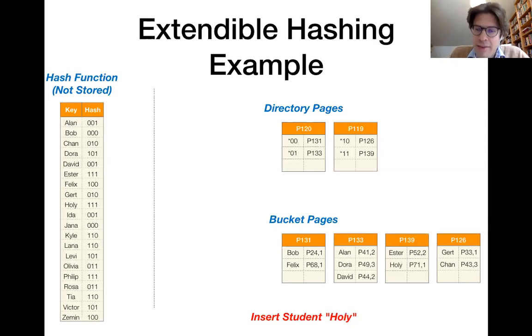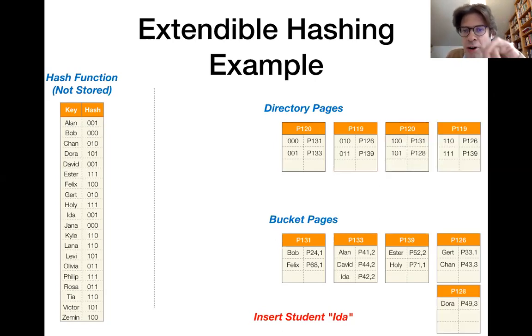Now we can insert a little bit more, and at some point we have too many bucket pages to index them with 2 bits alone. So at that point, I need to expand the directory further in order to consider all 3 bits of the hash function. And if that happens, I also have to increase the size of the directory.